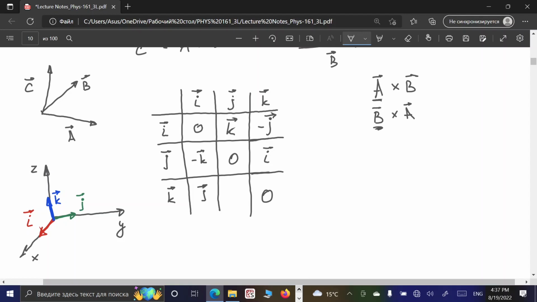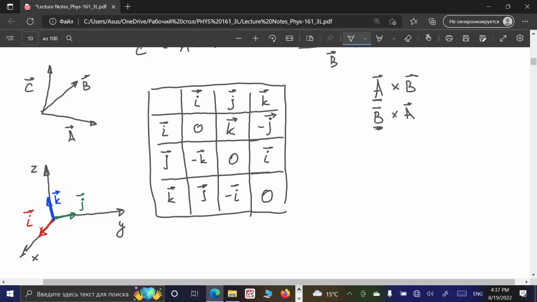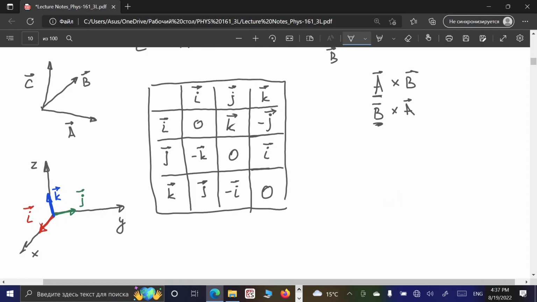And last will be minus i unit vector. So now we have this table. You can keep it in mind, but don't need to remember it. You just apply this right-hand rule and always can define what you get after having this cross product of any combination of unit vectors.